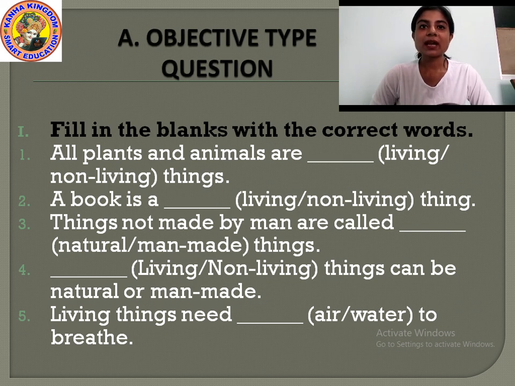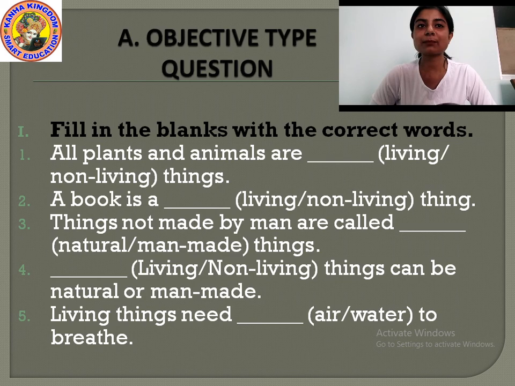Number 4. Dash, living or non-living things can be natural or man-made. The answer is non-living things: N-O-N-L-I-V-I-N-G.